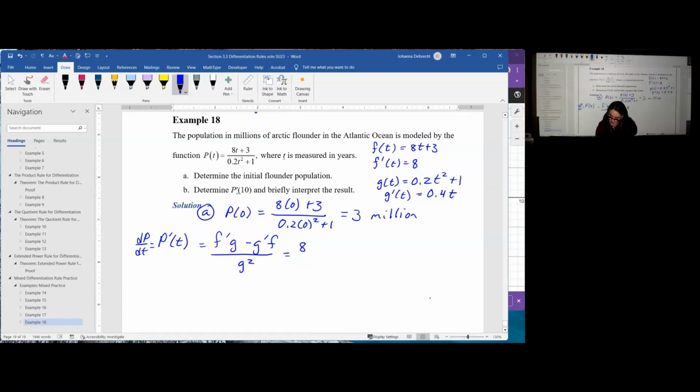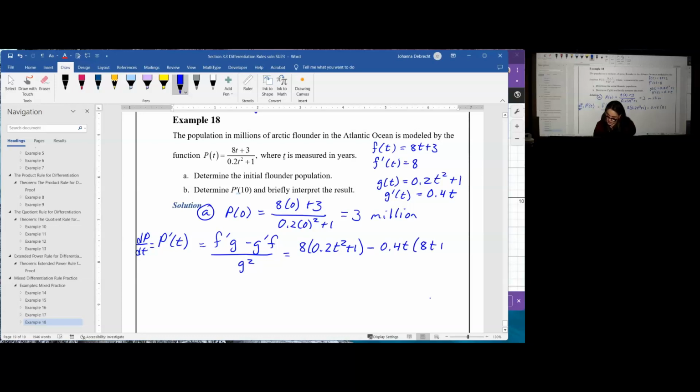F prime is 8, g is given by 0.2 t squared plus 1, g prime is 0.4 t, and f is 8t plus 3. All of this is divided by g squared. Go ahead and pause the video and work out the formula and then evaluate it when t equals 10. Come back and we'll interpret that result.